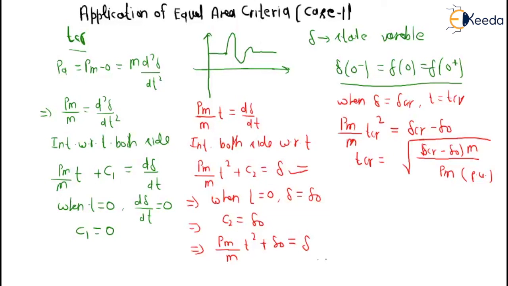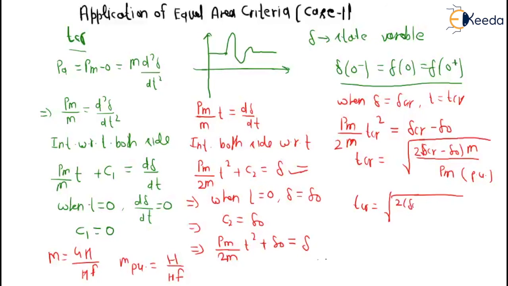So M is equal to, we know the formula of M, GH upon pi F. So the M value in per unit will be equal to H upon pi F. It will be divided by G. So now we can write TCR is equal to the square root of 2 into del CR minus del naught, into H upon pi F into Pm, in seconds basically.